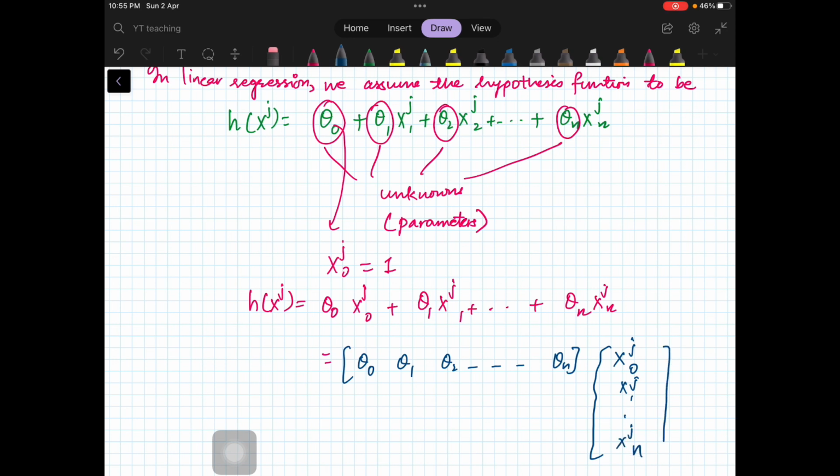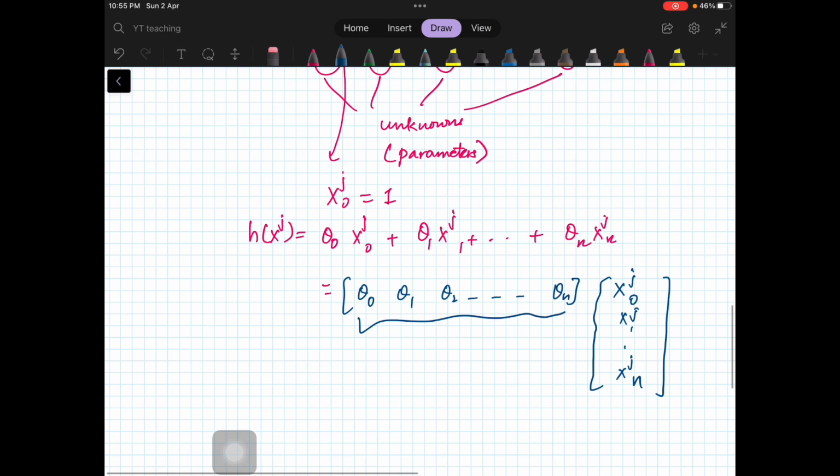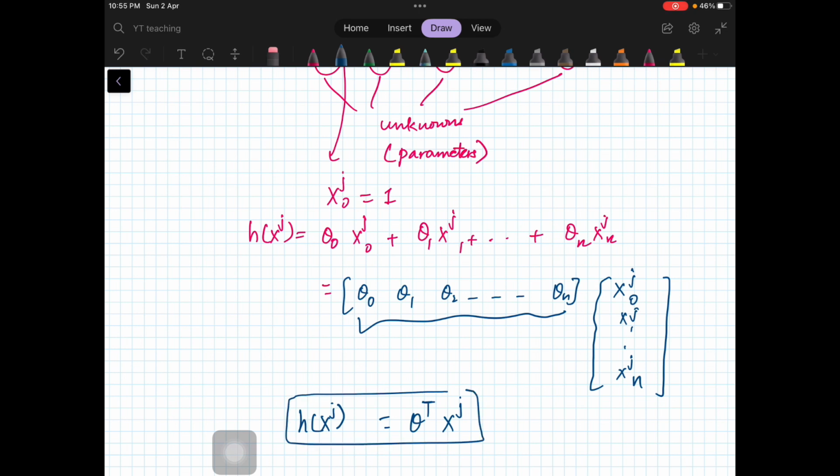So this is, I'll call it theta transpose because I'm assuming my vectors to be column vectors, and this is my xj. Right? So in linear regression, this is the hypothesis function.